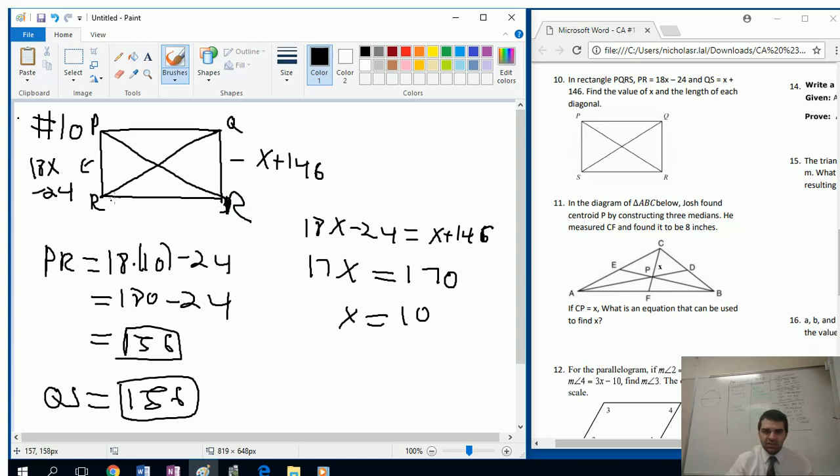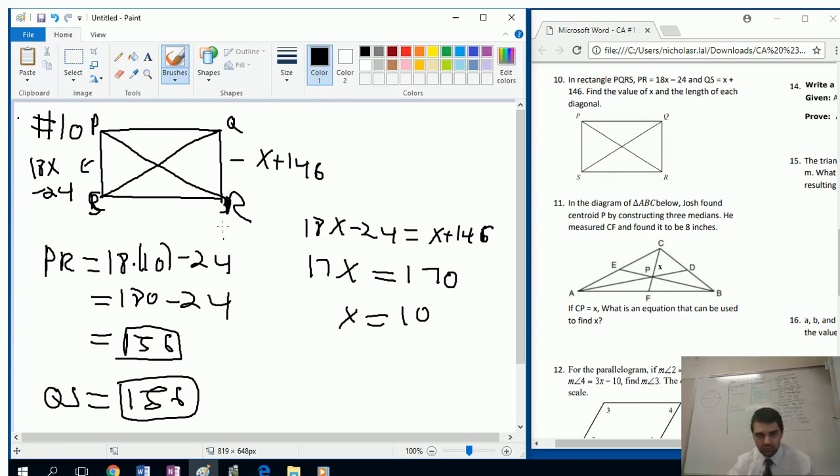This is Q and S, but because rectangles have equivalent diagonals, the property stays the same. So not only are opposite sides of parallelograms congruent, but diagonals of rectangles are congruent. Diagonals of parallelograms bisect each other, but an additional cool thing about rectangles, diagonals of rectangles are congruent. So this whole algebra here still checks out.